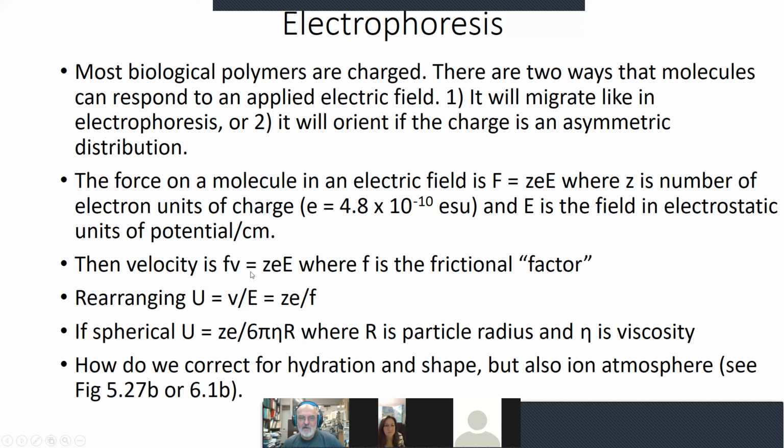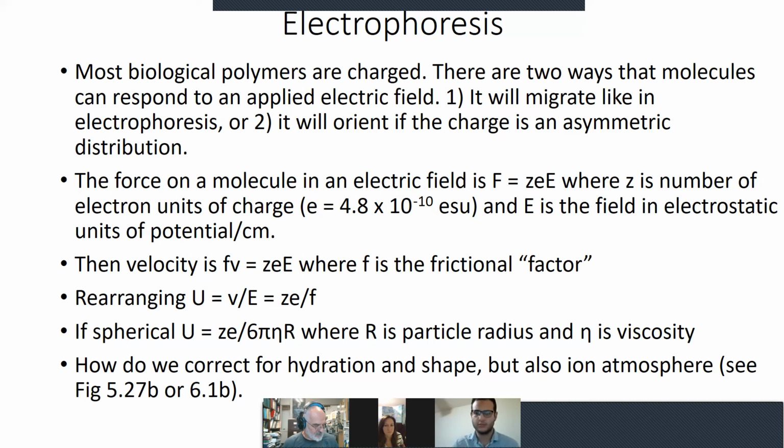And then you define this velocity per unit field as something called a mobility, okay? And in this book, or in these chapters, it's called a big U. So velocity per unit field is called a mobility. And the mobility depends on the net charge divided by the frictional coefficient, the factor that resists motion. Okay.